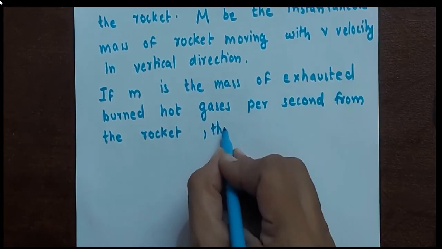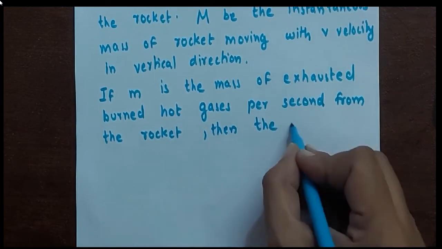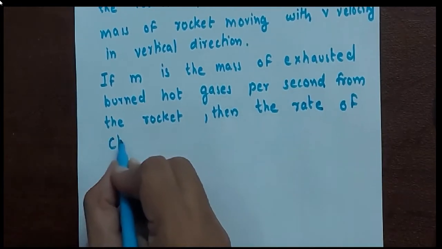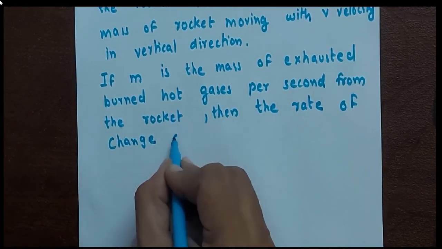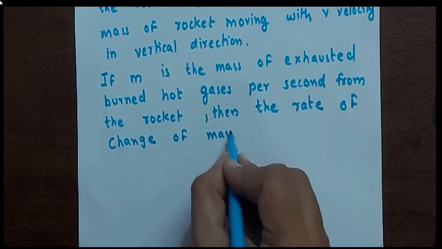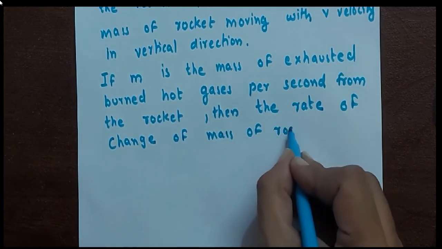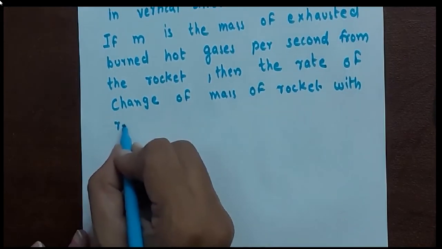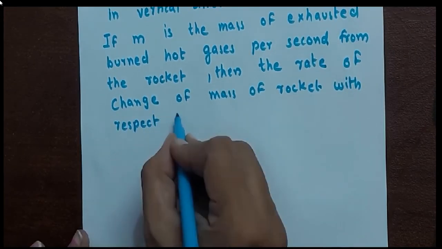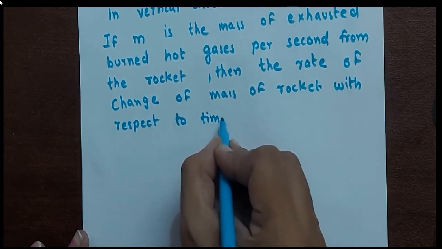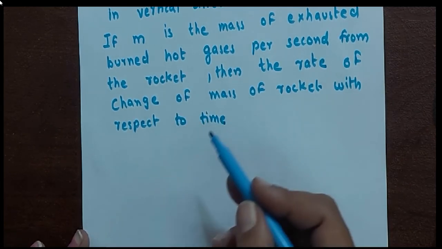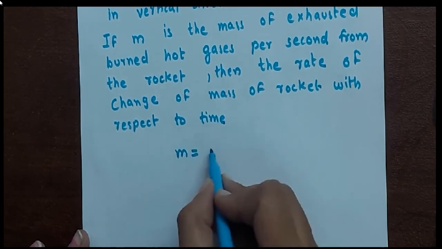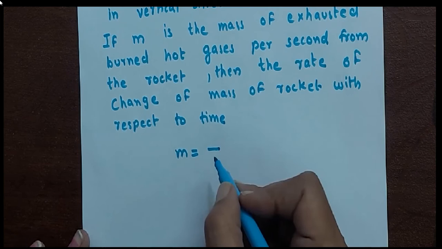Then the rate of change of mass of the rocket with respect to time: as time passes it is exhausting out, so small m is nothing but minus dM upon dt, because it is decreasing with time.